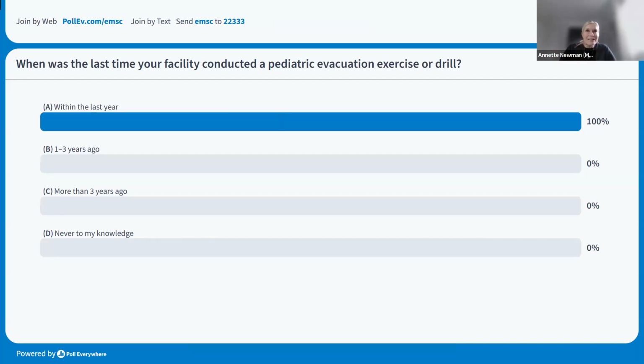So we are taking a look now. We have two polls back to back upcoming. This one is looking at where everyone is in their exercise cycle and where there might be gaps.